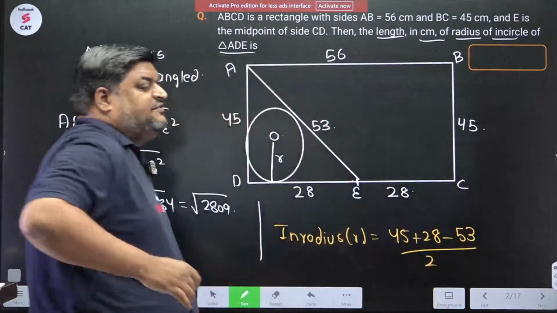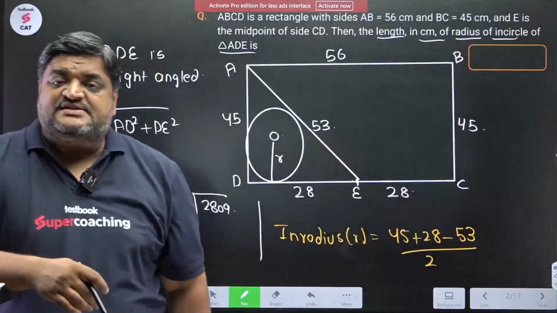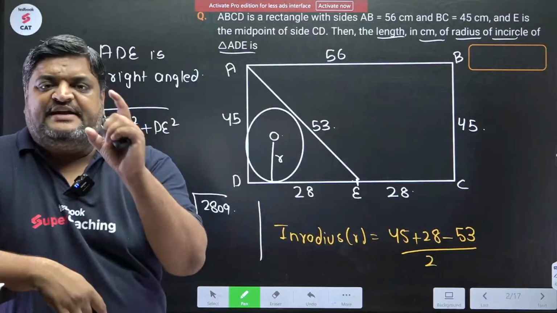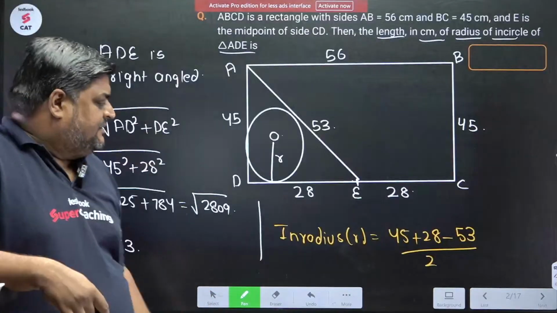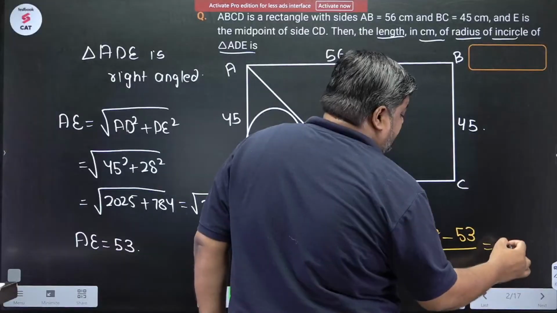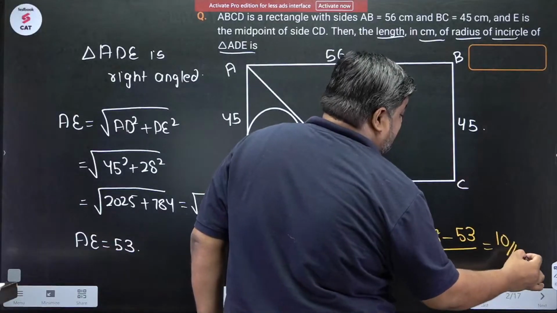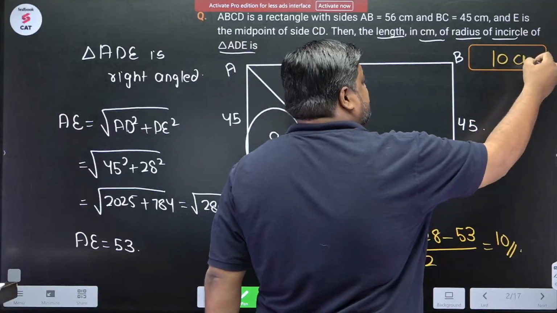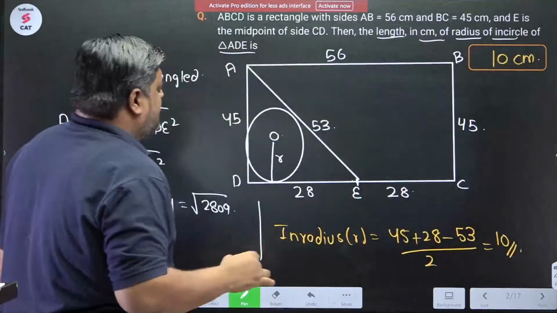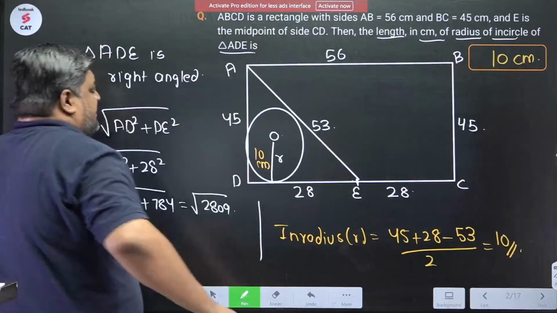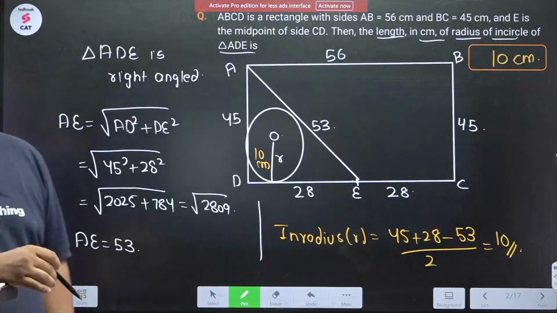This was the formula for the inradius, provided the triangle is right angled. Here triangle ADE is right angled. 73 minus 53 is 20, and 20 by 2 is 10. So the correct answer is 10 centimeter. Sorted?